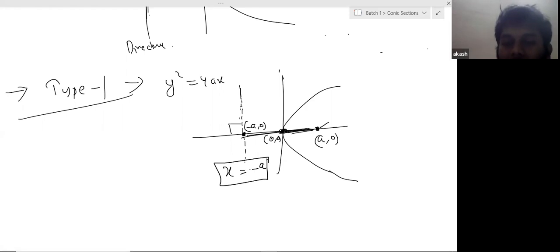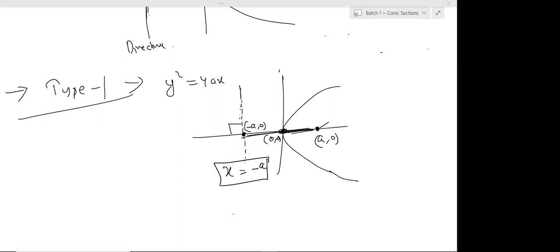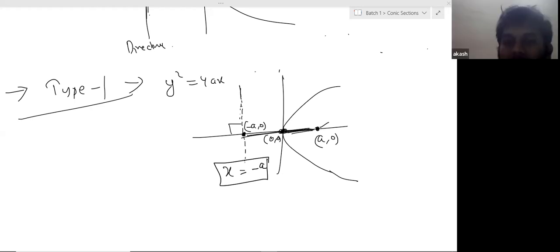Everyone clear? Sir, can you repeat? All right, see. By the definition, all the points on this parabola are at equal distance from this fixed point and this fixed line. So if this point is a comma 0 and I take a point on the origin, this distance should be equal to this distance, right?